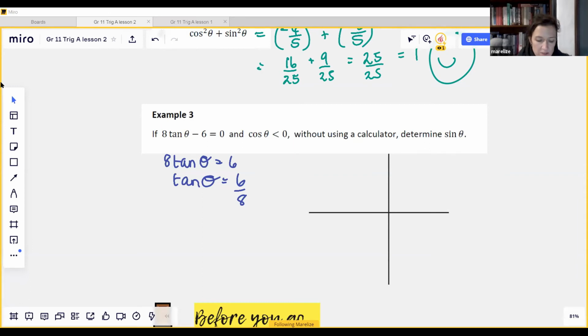So tan will be positive in the first quadrant or the third quadrant, not positive in any of the other quadrants. At the same time, cos theta must be negative. Okay, so that helps you to eliminate one of the quadrants. Yes, that's right. We're going to draw in the third quadrant because that is also where cos is negative.